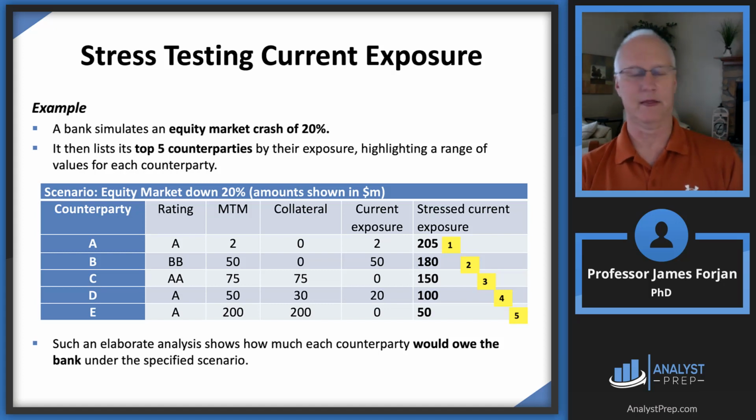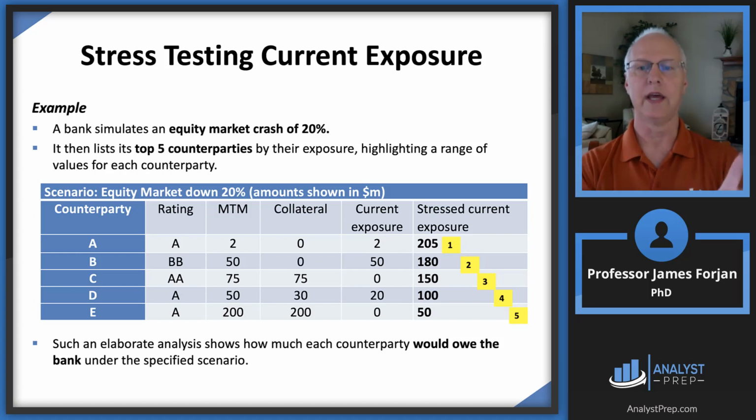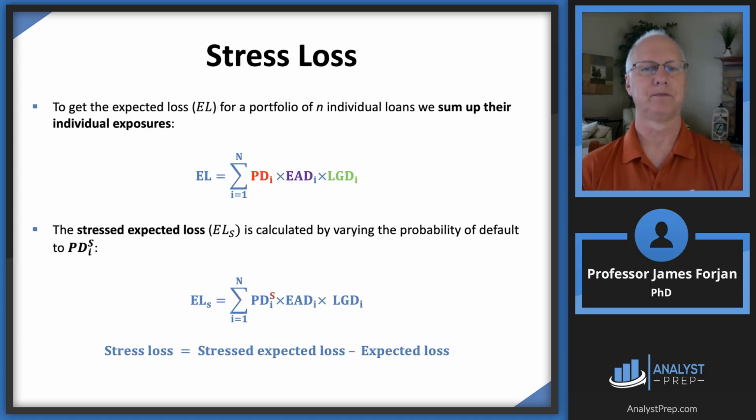You might think that would be the riskiest under this stressed current exposure model, but it turns out not to be, right? So we rank them 1, 2, 3, 4, 5. And of course, this is just the result of one hit to this Excel spreadsheet. What we'll probably do is take multiple hits to that spreadsheet and then maybe take an average.